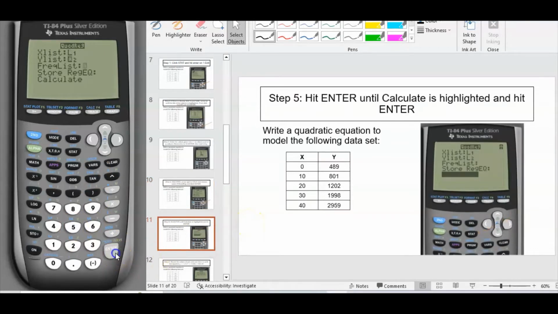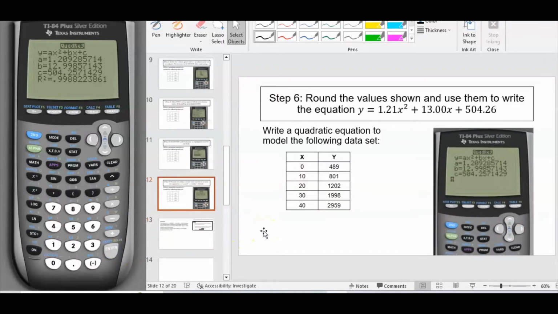Now keep hitting enter until Calculate is highlighted, and then click enter again. It gives us the values of A, B, and C that we need to write our quadratic equation. A is 1.21, so we have 1.21x squared, plus B, which is 13, plus 504.26, which is our value of C.